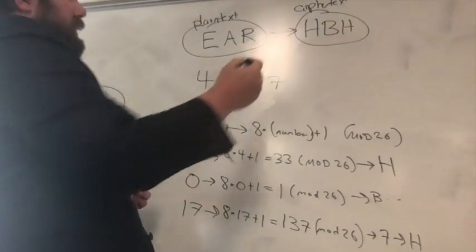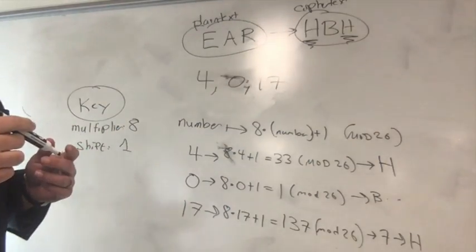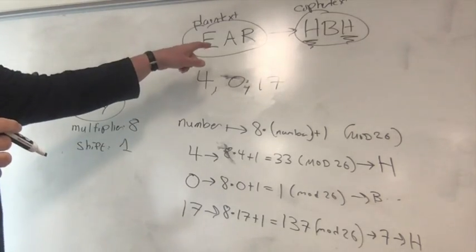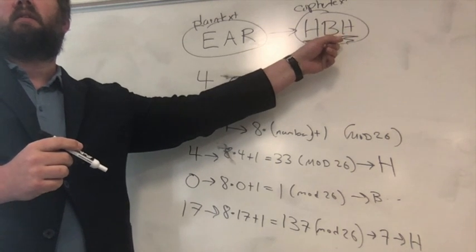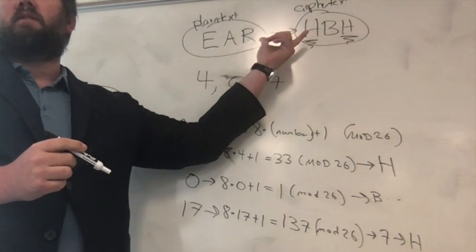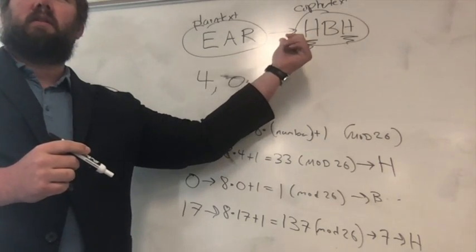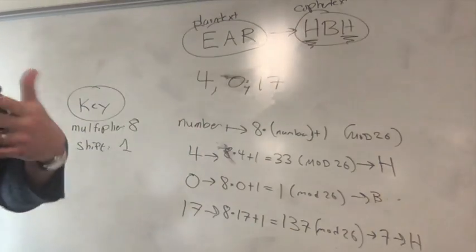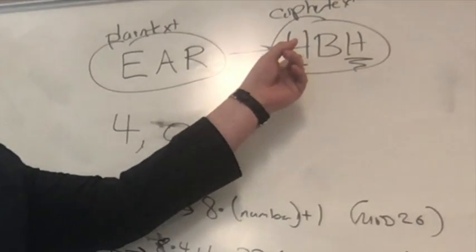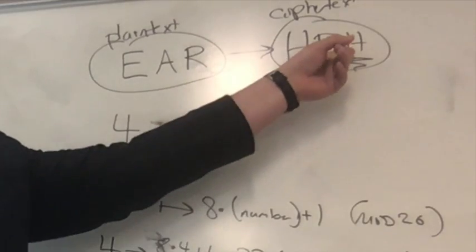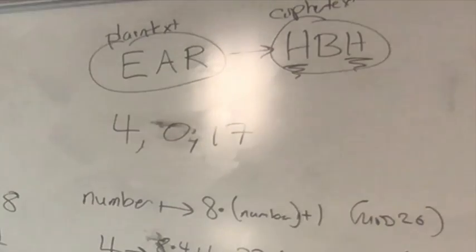Yeah, there are 2 H's, right? But one of those H's we intended to represent E, and one of those H's we intended to represent R. Do you see why that's an issue? When our recipient gets this message, and they're trying to decode what we sent or decrypt what we sent, you can't have one H that we magically know goes back to E and one H that we magically know goes back to R. We need H to consistently go to the same letter.